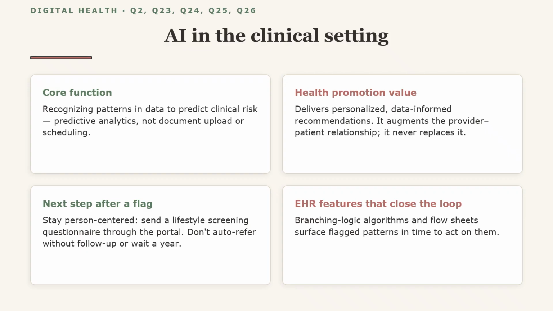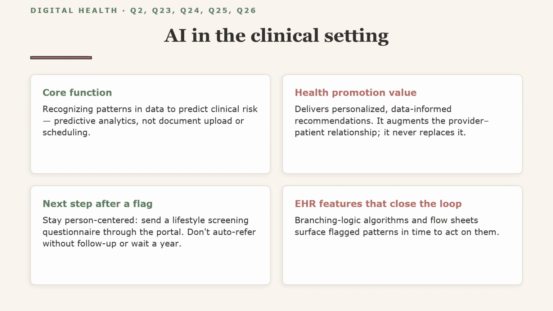Distractors described document upload, meeting scheduling, and imitating human empathy. All are either clerical functions or a category error about what AI does. So when you're looking at the exam, I want you to think about predictive analytics for disease risk.